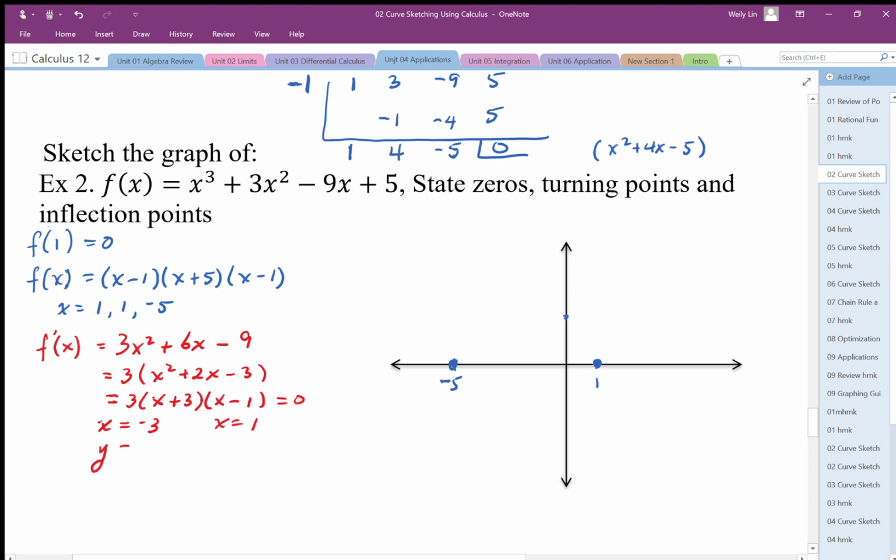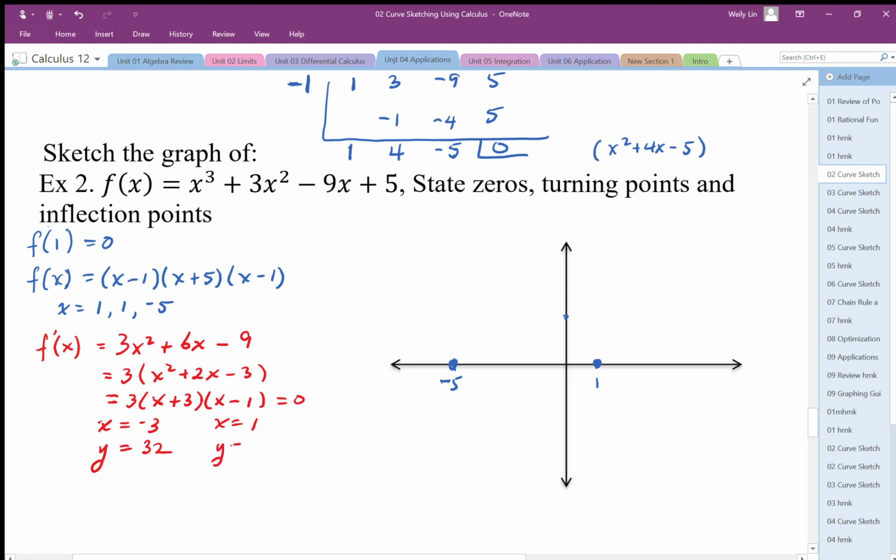Let's find our y-coordinate while we're here. Plug -3 into here, I get -27 plus 27, that cancels, plus 27 plus 5 is 32. Okay, so it looks like it's way up here.